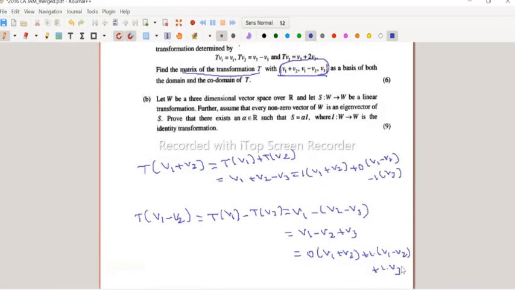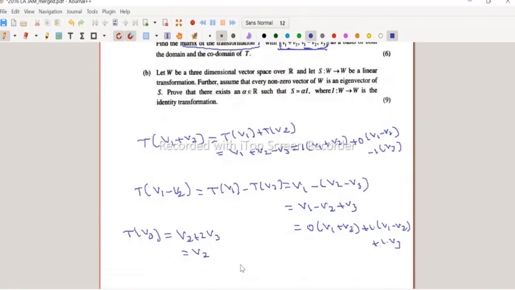Next, finally, we have T of V3, the last basis element. They define T of V3 as V2 plus 2V3, but we need to write V2 in terms of the basis. We need to add and subtract something, V1 or V2.